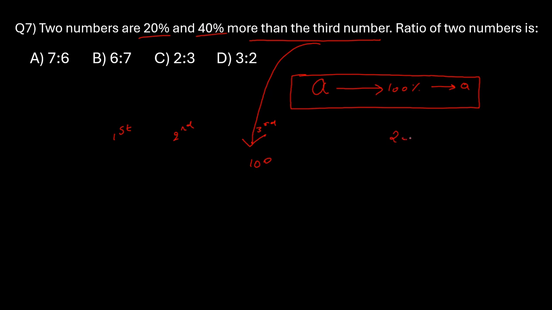So 20% of 100 is 20. As the first number is 20 more than the third number, that is equal to 120. Same as second number is 40% more than the third number, that is 40 more than third number. So my second number will be 140. Are you getting me, guys?